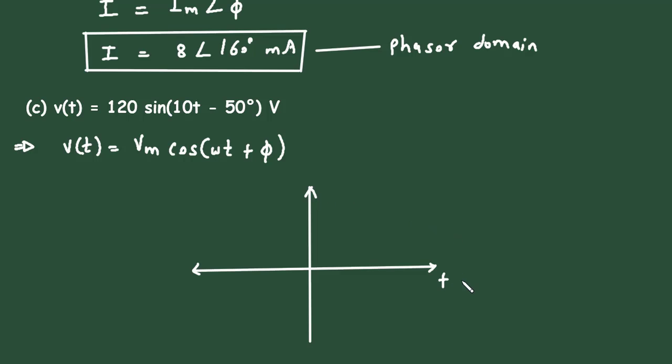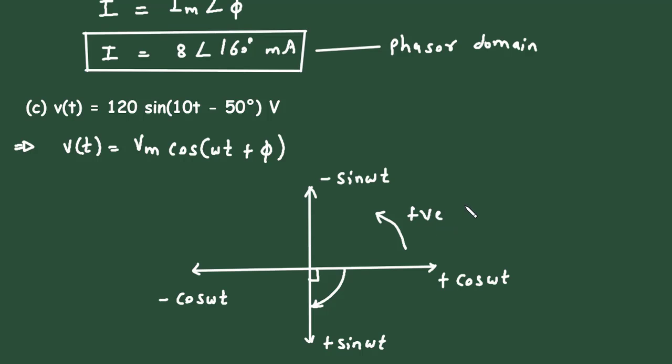So here this is plus cos ωt, and this is minus cos ωt. This is plus sin ωt, and this is minus sin ωt. Now we need to change from sine to cos. So this is sine, this is cos. We have to go like this, and this angle is 90 degrees, and this is the positive direction.